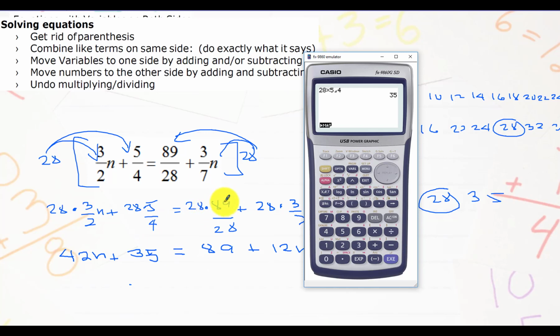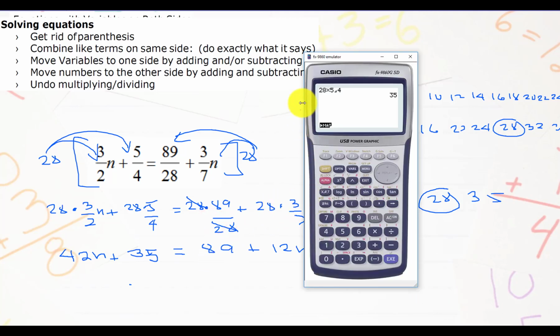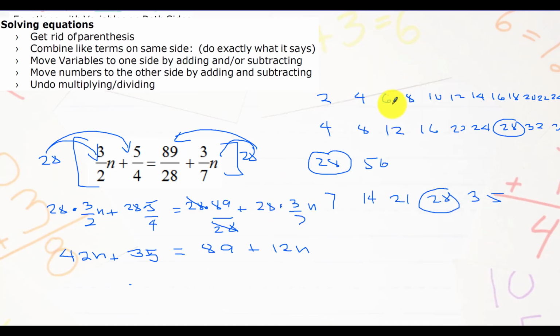This one, 28 times 89 over 28, we can actually just cancel this to get 89. And finally, our 28 times 3 over 7 is equal to 12. Or you can just divide 28 by 7, that's 4. 4 times 3 is equal to 12.